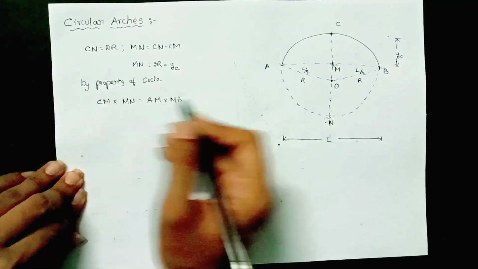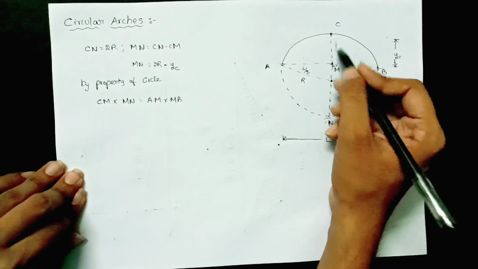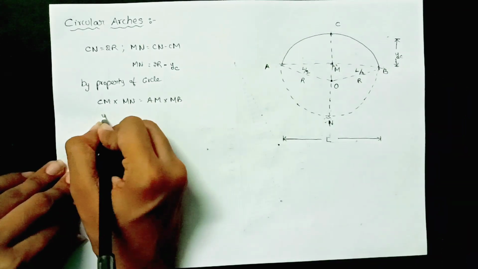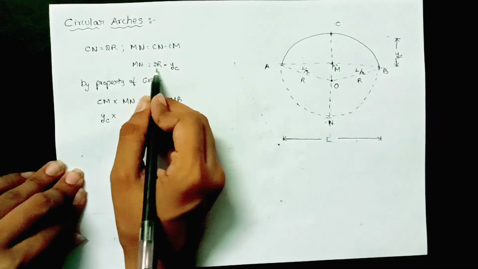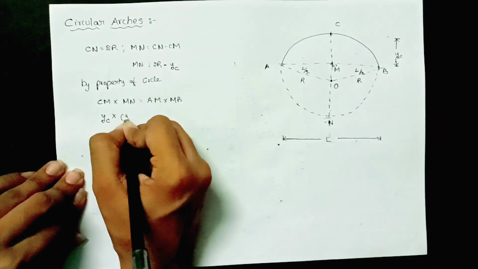CM, that means the vertical rise, is Yc. CM means Yc into MN. MN is obtained here: 2r minus Yc.